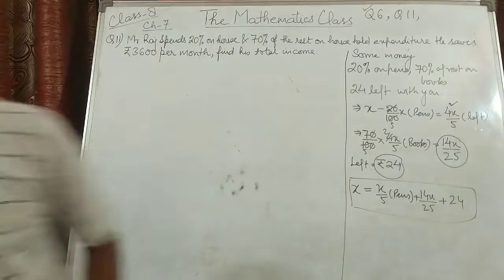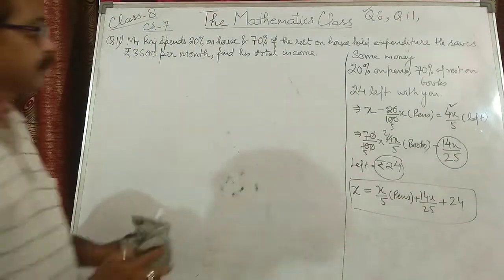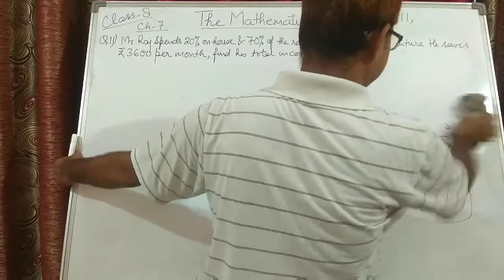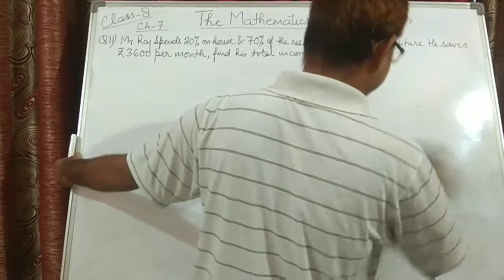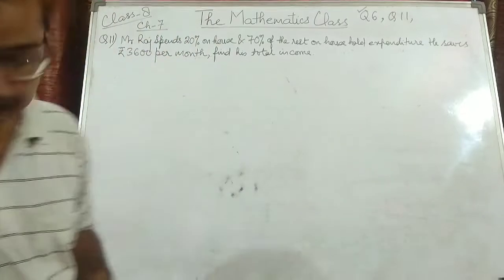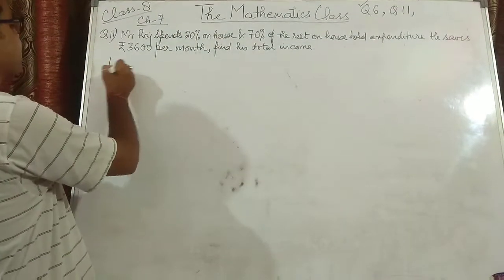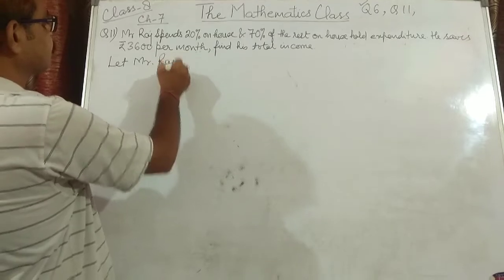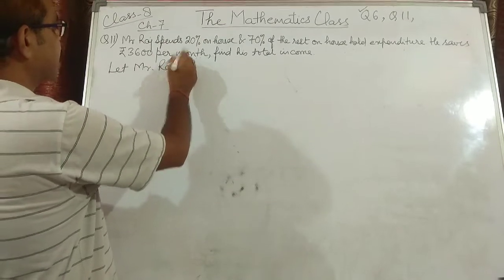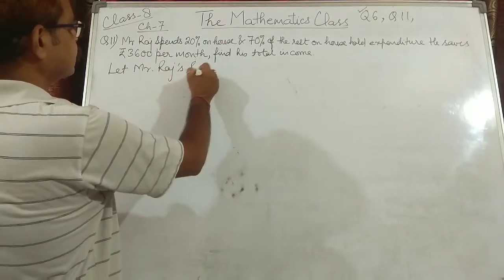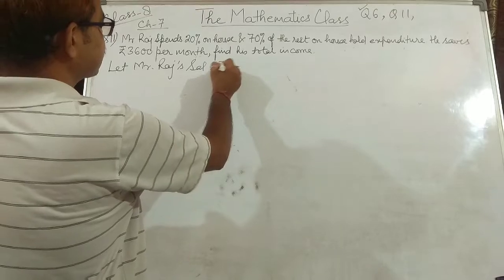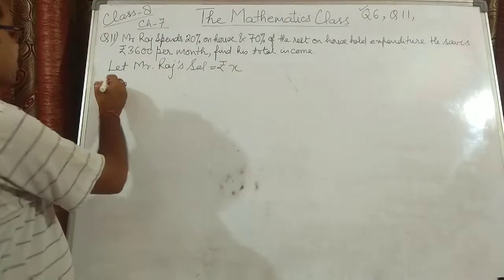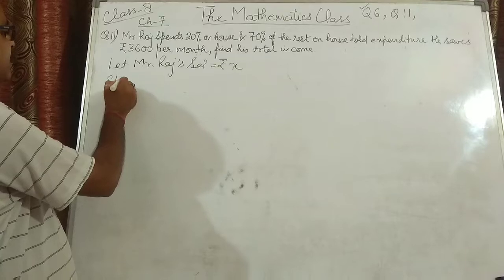Now let me move on to the question. I'll rub this out. So let us assume that Mr. Raj's salary is rupees X. Now out of this he spent 20% on house.